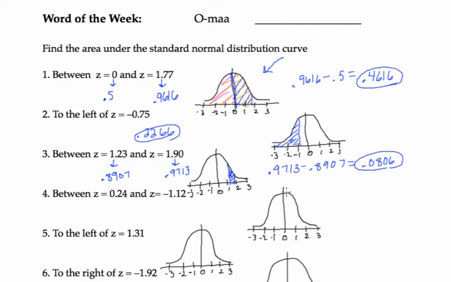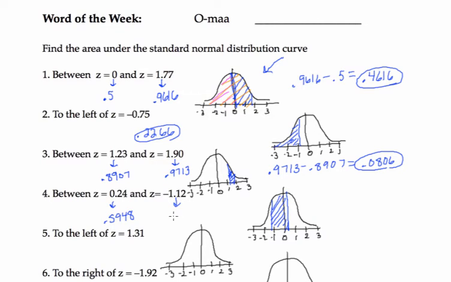Number 4, between 0.24 and -1.12. Since it's between, I will find the probabilities that go with each z-score using my table. So that number right there, 0.5948, is saying that from this z-score, 0.24, to the left all the way is about 59%.